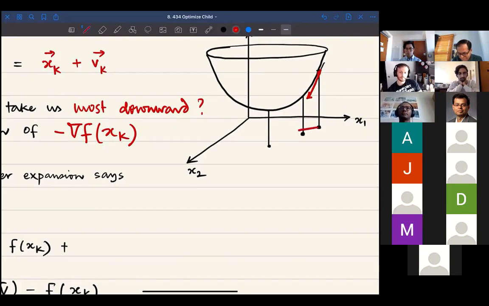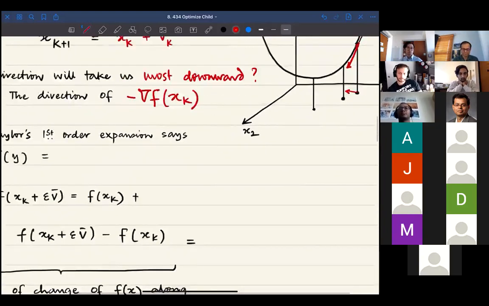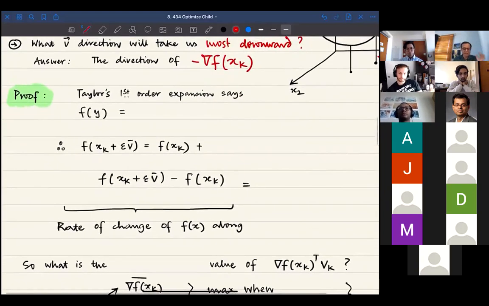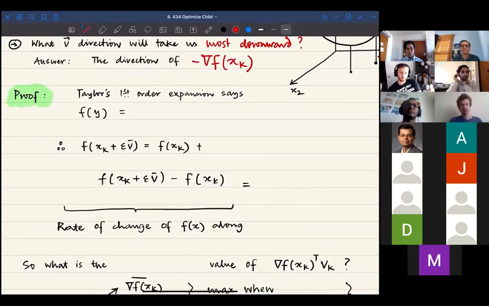In this case, it will turn out to be in that direction. Okay, let's prove that. So Taylor's first order expansion, I don't know if you remember this, but just take it for now.